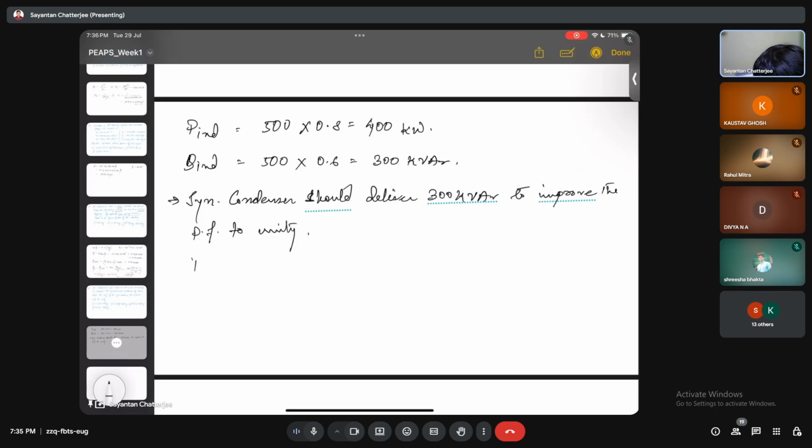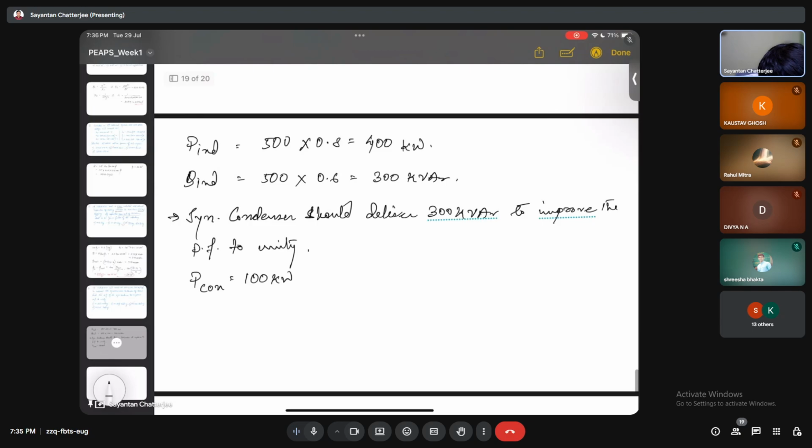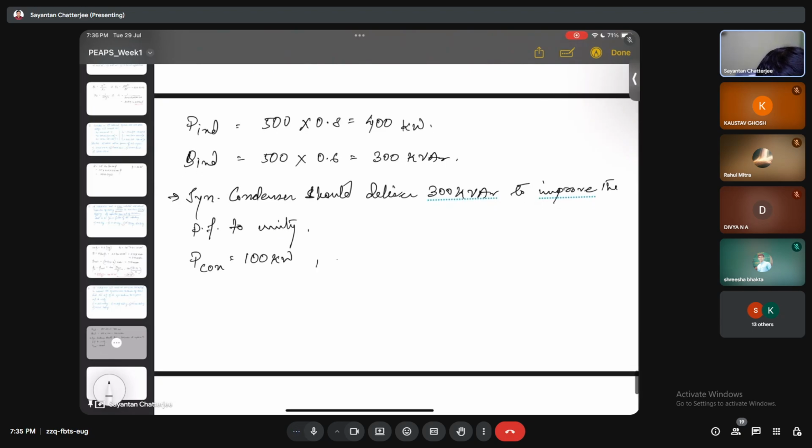For the rating of the condenser, P con is given as 100 kilowatt, and the kVAR required is Q con, which should be delivered to match the industry value of 300 kVAR.